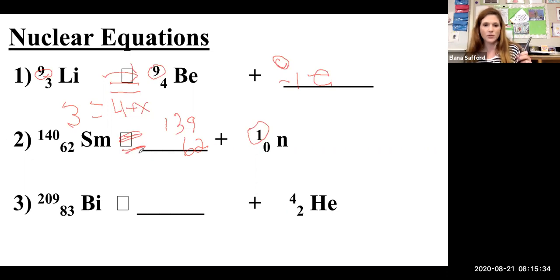So that's this neutron emission in which the number of protons does not change, just the weight is changing. So my symbol doesn't have to change. My symbol is Sm. So I'll write it again out here so it's a little more neat. 139, 62.